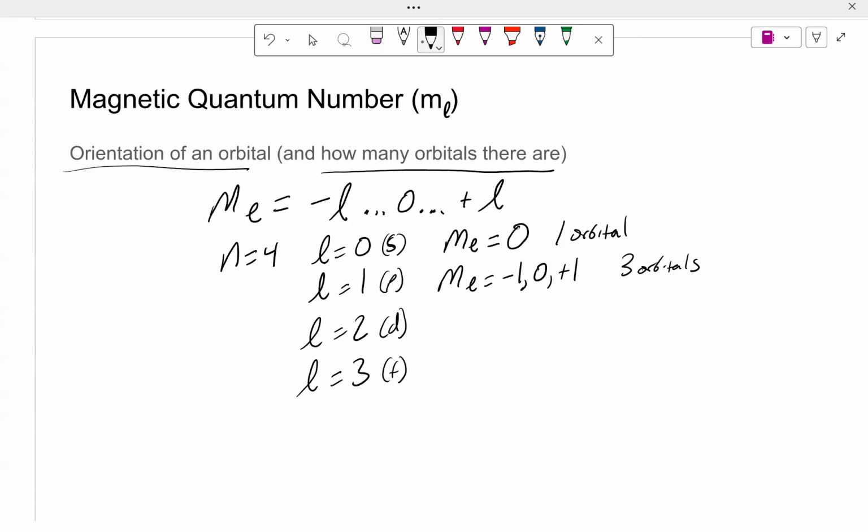If L is 2, M sub L can be -2, -1, 0, +1, +2. That's 5 values. So there are 5 orbitals in the D subshell.